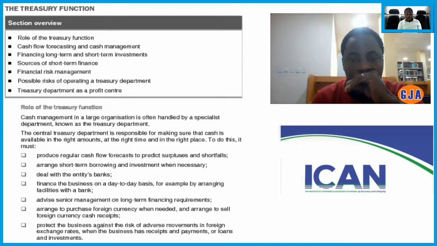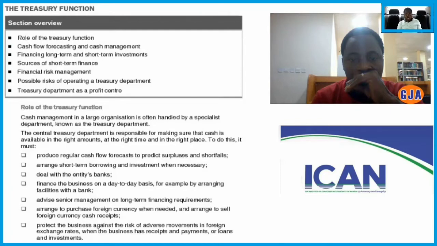Then after now we'll discuss the financing, long-term and short-term investments and how to manage cash for long-term projects and the like. Then how to source the funds.